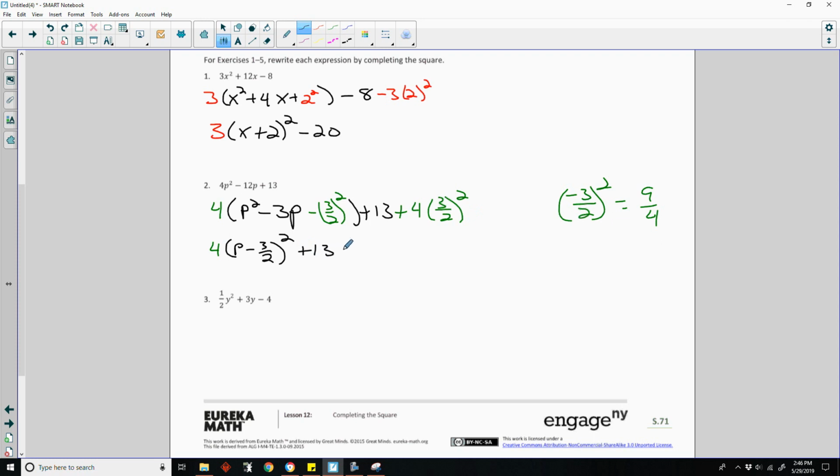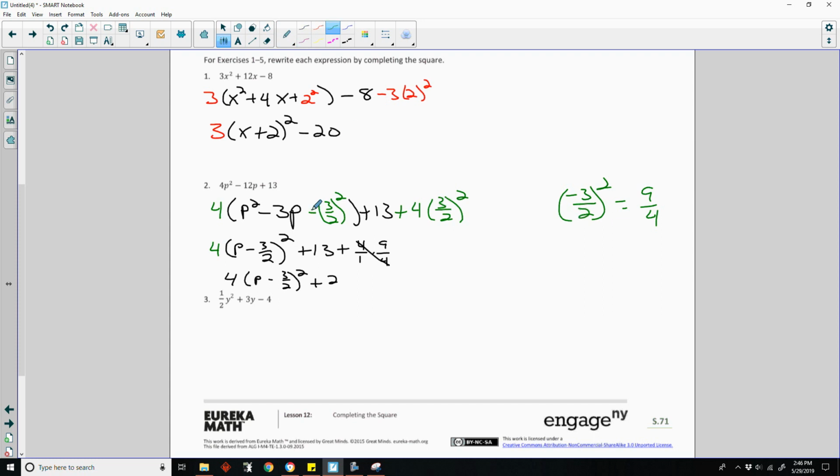Plus 13 plus 4 over 1, if you will, times 9 over 4. And those cancel. So what we're really doing is taking 13 plus 9. So my final answer is going to be 4 parentheses p minus 3 halves squared plus 13 plus 9, or 22. Or 13 minus 9.